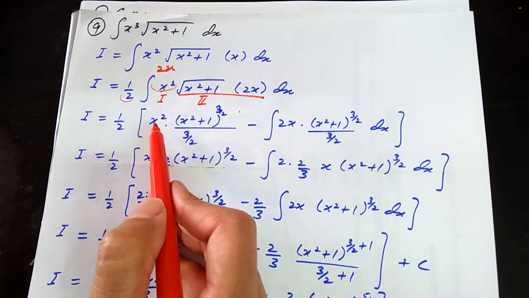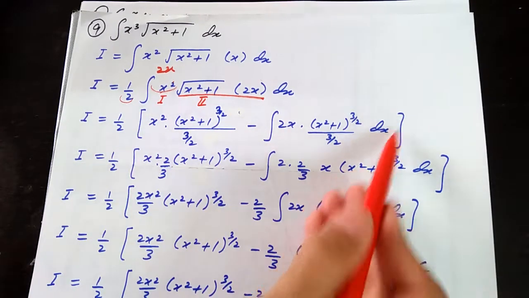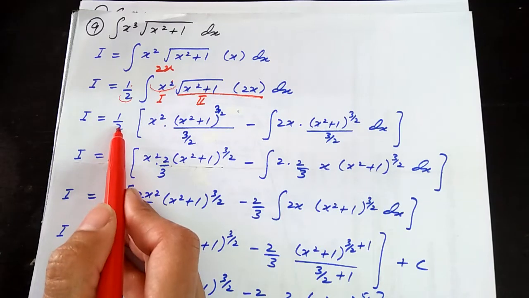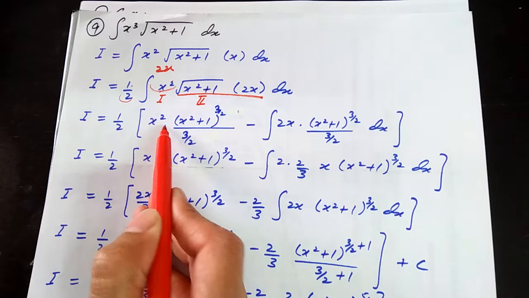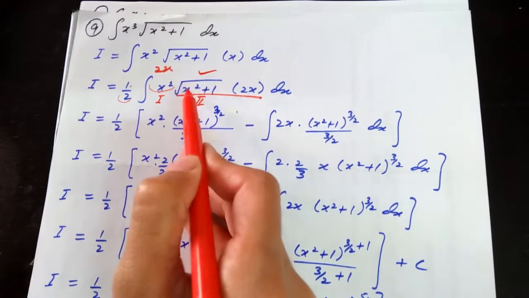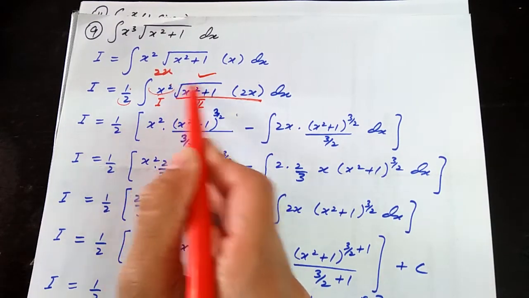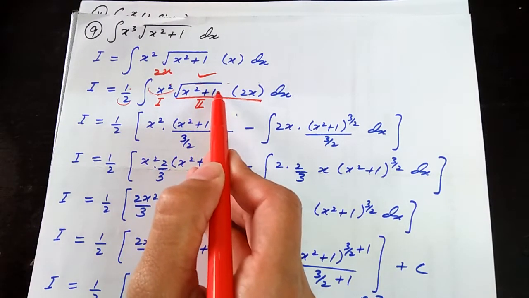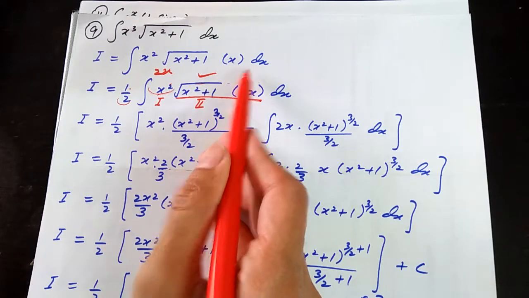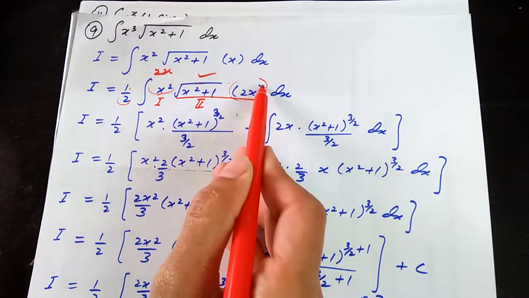Now using the integration by parts formula, apply the main brackets because we have some constant coefficient here. First function x square will come as it is into integration of second function. The main function is x square plus 1, this power 1 by 2. Now this can be easily integrated by adding 1 to the power and dividing by that power, if it has its derivative with itself.